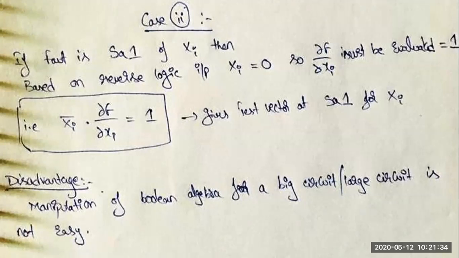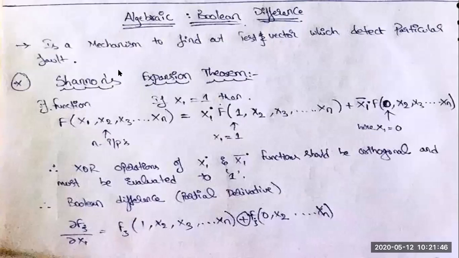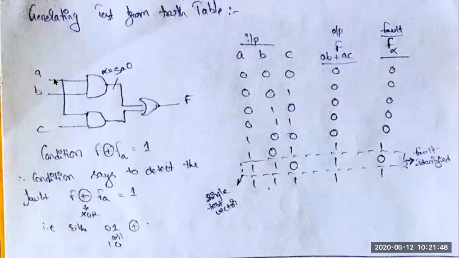So dou f by dou xi must be evaluated to 1, so that it gives a test vector for the stuck at 1 case. If it is stuck at 1, it should be applied with a 0 and we must evaluate the functional output as 1. Why? Because a functional output of 1 identifies that the circuit is the faulty case.